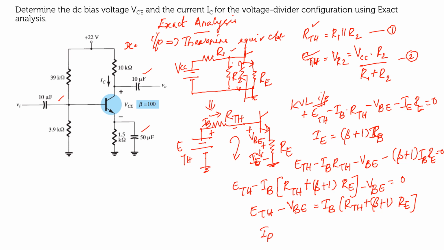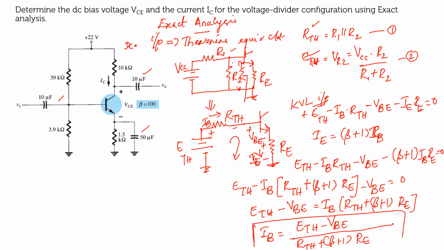So IB will be equal to ETH minus VBE divided by RTH plus beta plus 1 into RE. This will be your IB. If you know your IB, you can calculate your IC. What will be your IC? IC is equal to beta into IB. So you can calculate IC using this formula.